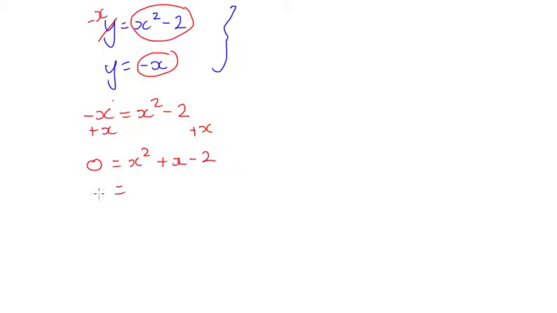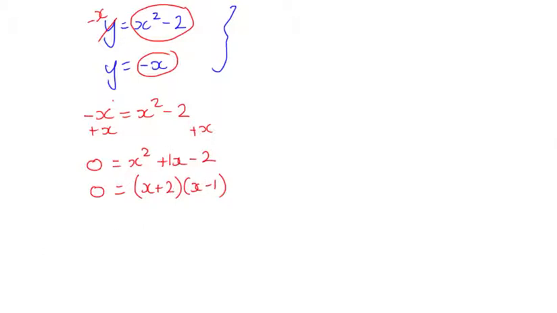So we've got 0 equals, well, I need things that multiply to make negative 2 and add to make positive 1. And they are x plus 2 and x minus 1. Let's just do a quick mental check. x squared plus 2x minus x, that's plus 1x, minus 2.